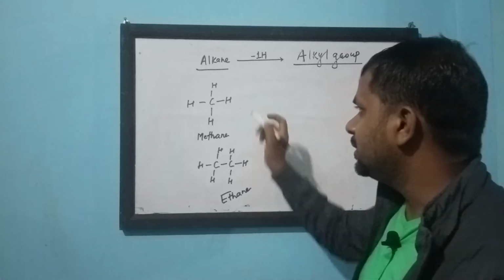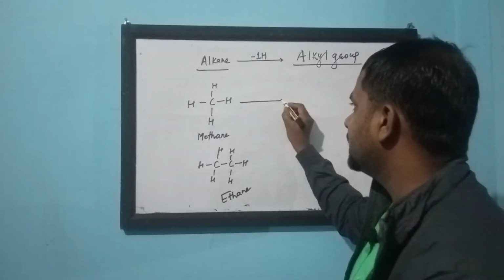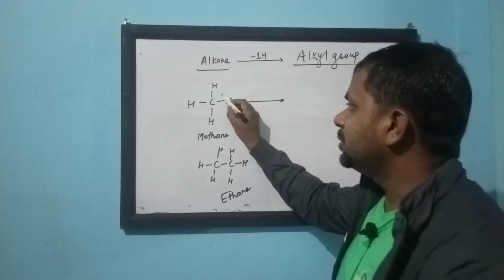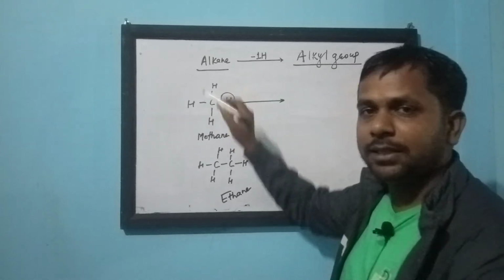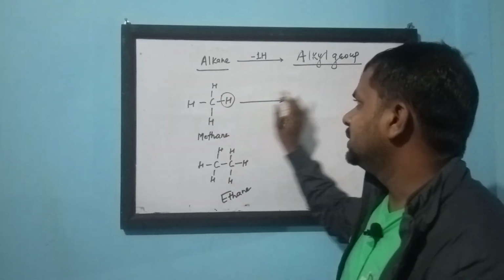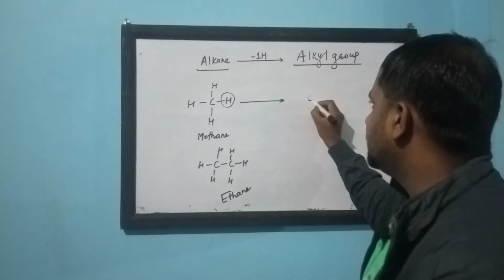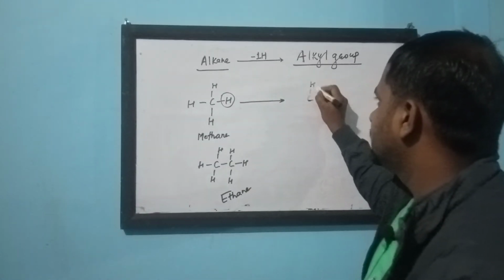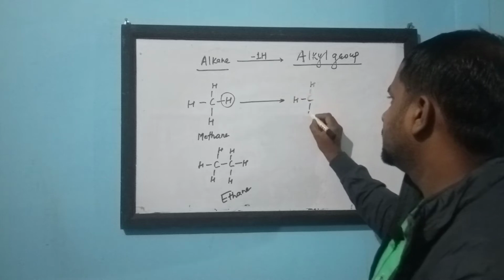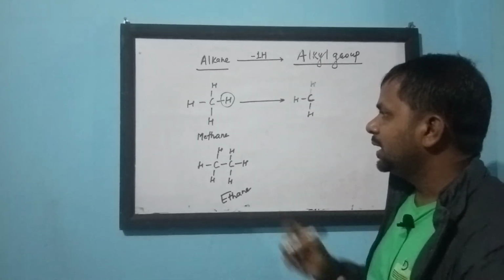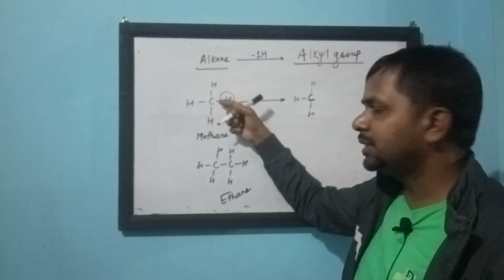Let us take one example. Suppose I remove this hydrogen from this alkane, from methane, then it becomes alkyl group. Actually, how is hydrogen connected here?